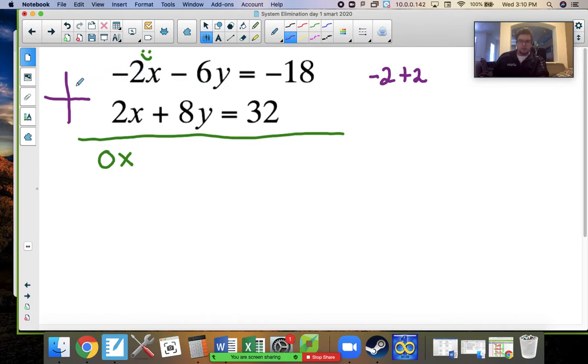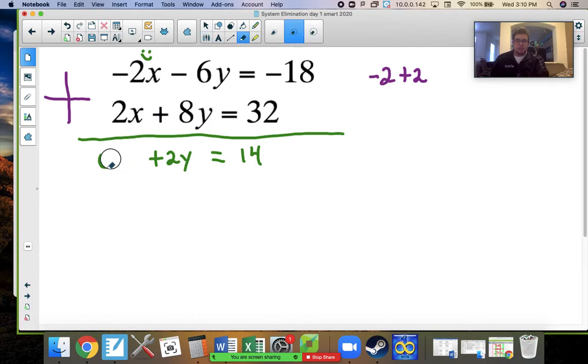So the negative 2 plus the positive 2 gives us 0x. The negative 6 plus positive 8 gives us a positive 2y. The negative 18 plus 32 gives us a positive 14. By doing it this way, our x term has actually been eliminated, and we're left with this resulting equation.